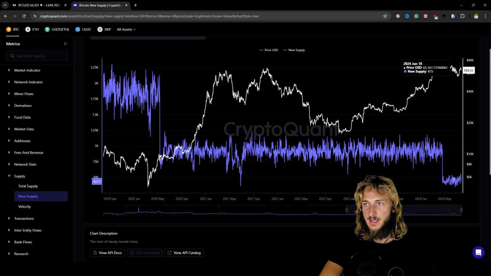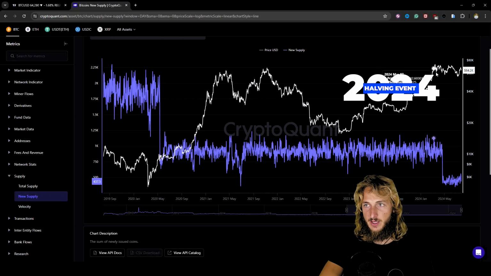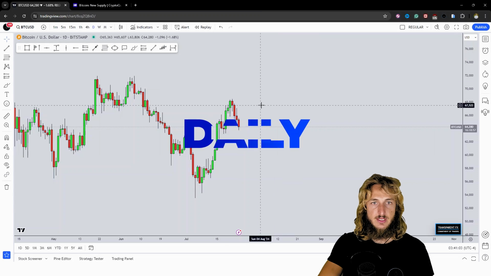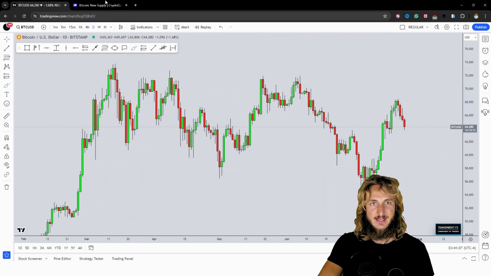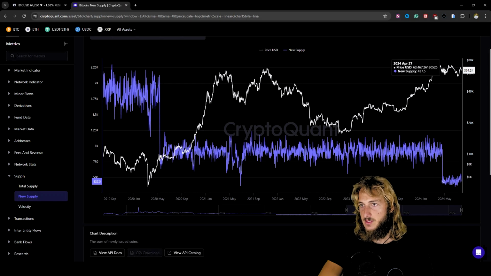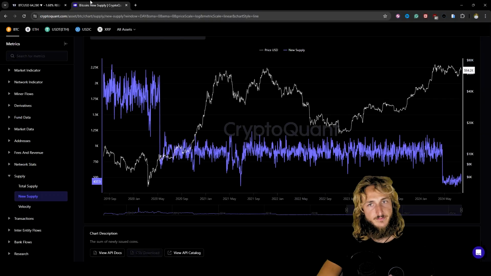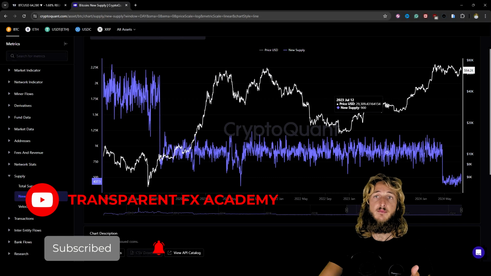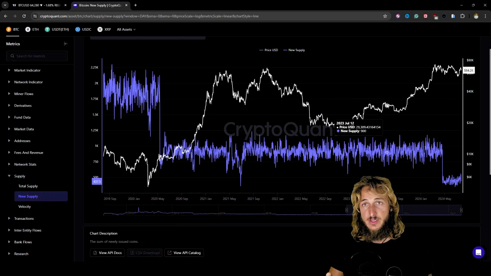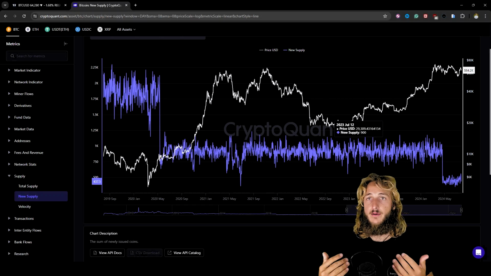And what we can see here is that we just had yet another cutting in half, so another halving. And we had it around here, which is essentially around this area. I don't remember the exact date, but it is around here. Now, in a situation like this, where you have half the new supply getting emitted into circulation, that increases the illiquidity of this market.